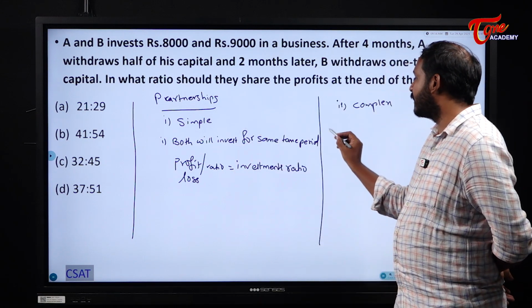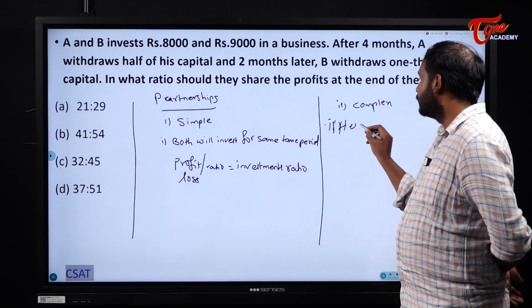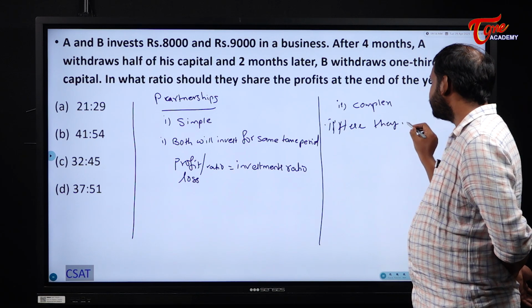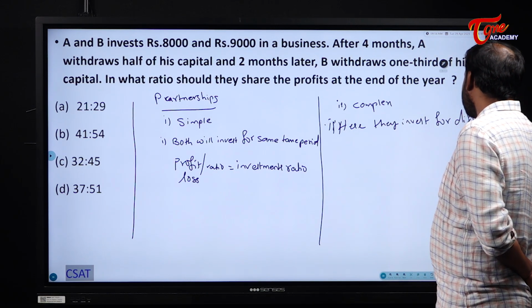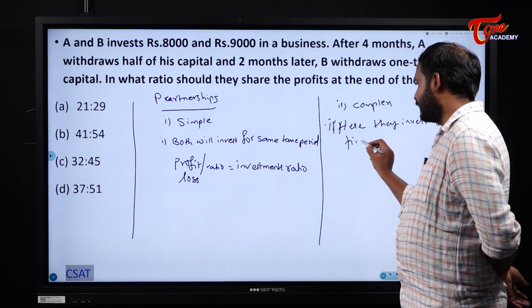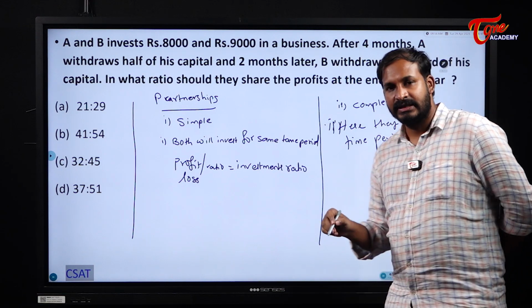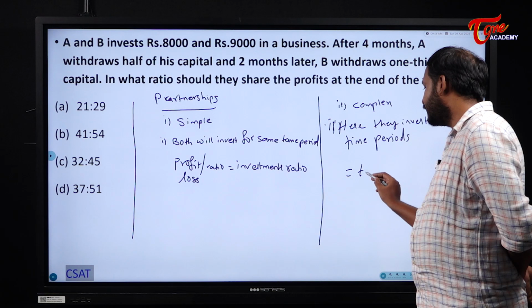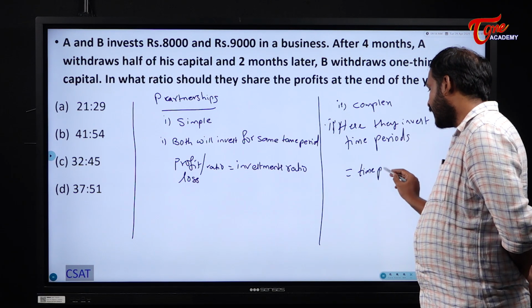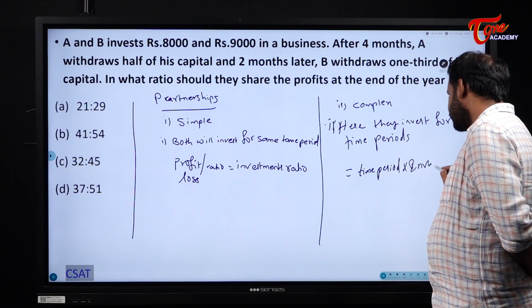In case of complex, what will happen here is, they invest for different time periods. Whenever they invest for different time periods, how should we divide the profit or loss ratio? Time period into investment ratio.